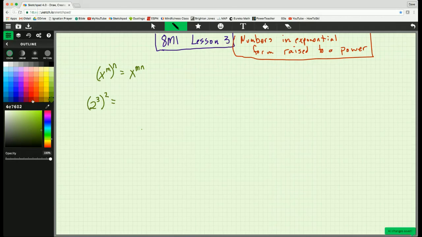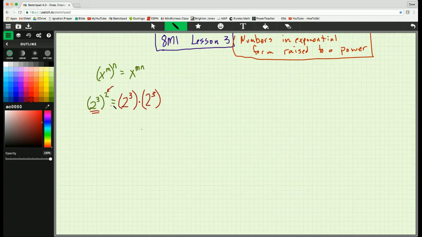What does anything mean if we raise it to the second power? That means you take what's inside and repeat it this many times multiplied together. So 2 to the third power squared is simply 2 to the third power times 2 to the third power. You repeat that thing twice.